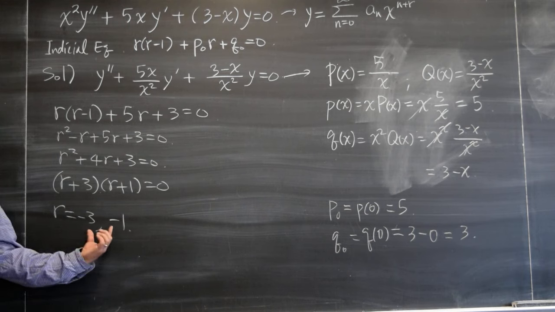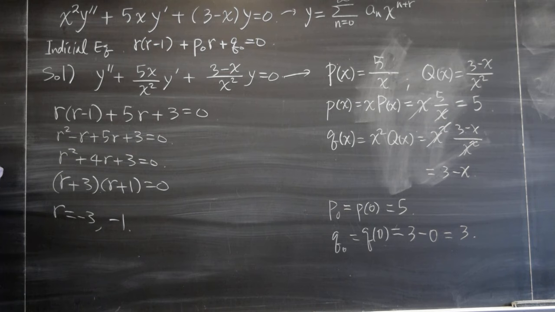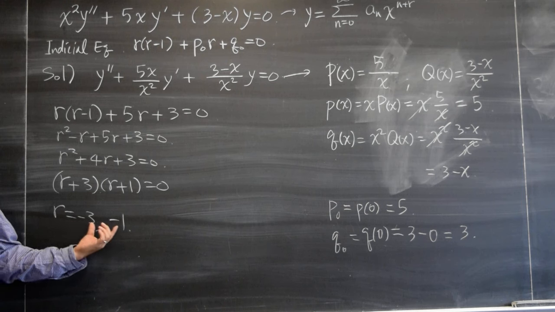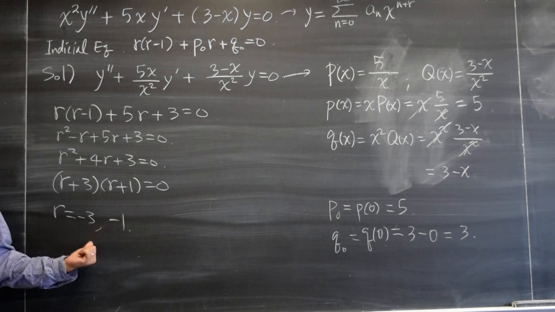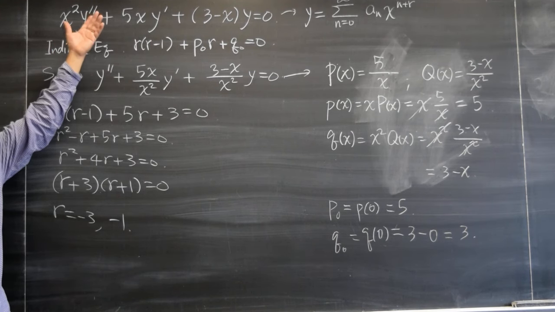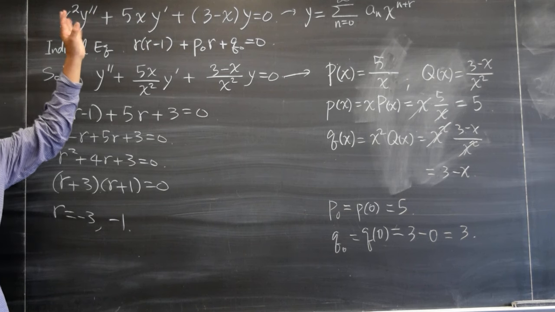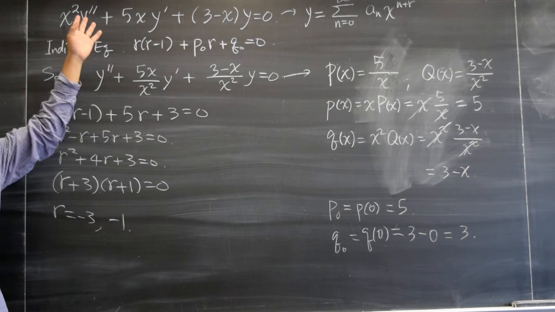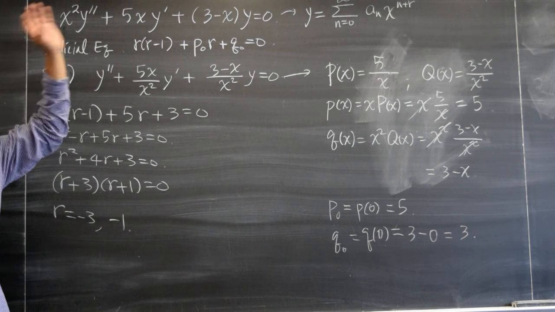Now, when they do differ by an integer, then there are some cases where you may not be that lucky. You may end up having one of them failing to give you a solution. Just like when we tried to plug in the regular power series into here and found out that the only way you can get the solution is to set y equal to 0 entirely.